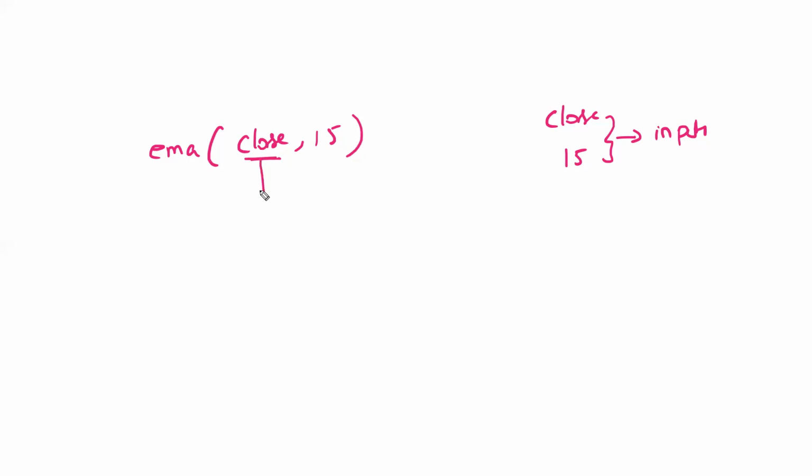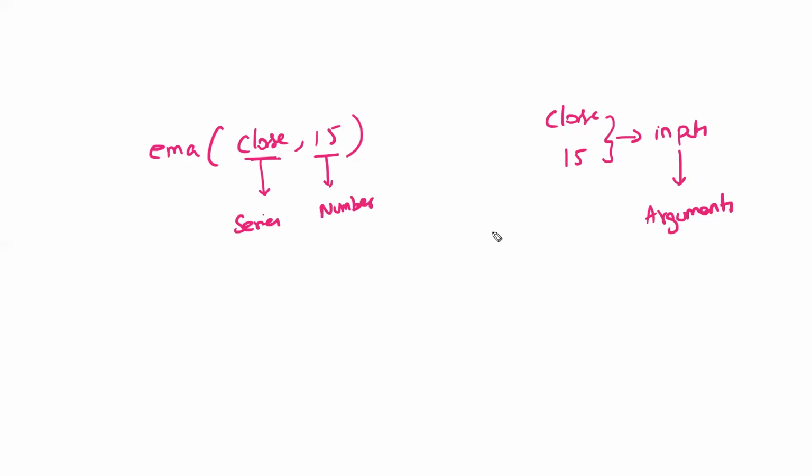It is a series. I'm not passing the current closing value; I'm passing the entire historical closing value. And this 15 is just a number. Close and 15 are two different inputs I'm providing, and this is what we call the arguments.